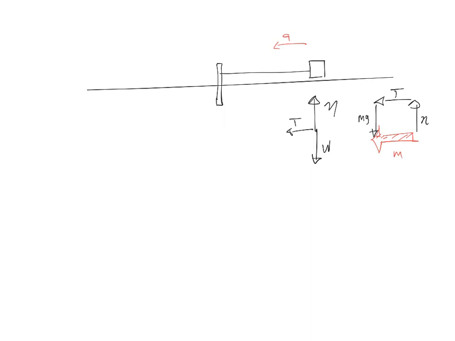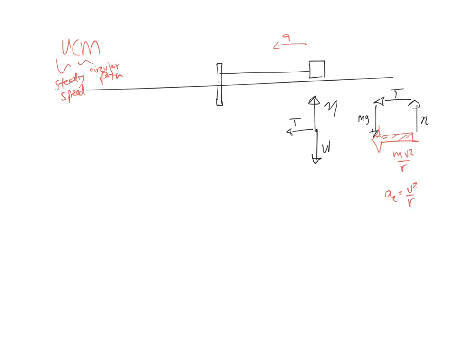So that's mv squared over r, and we're assuming uniform circular motion, which means the idea of uniform means you're going with a steady speed, and circular refers to a circular path. So when we have uniform circular motion, we can assume that centripetal acceleration is v squared over r.